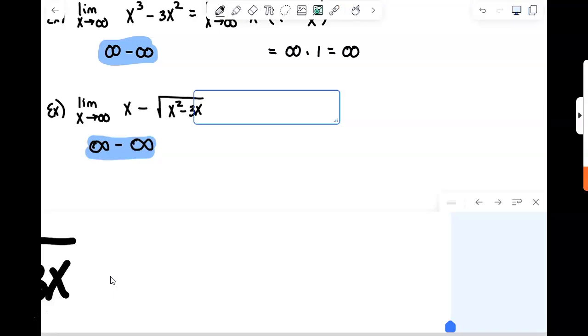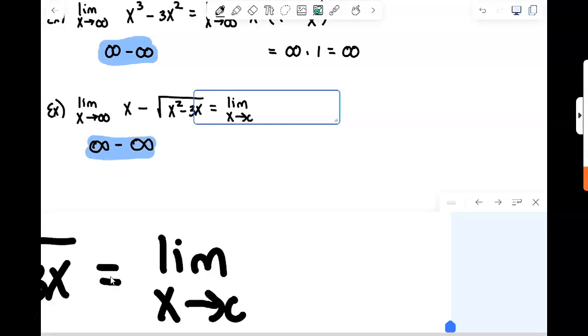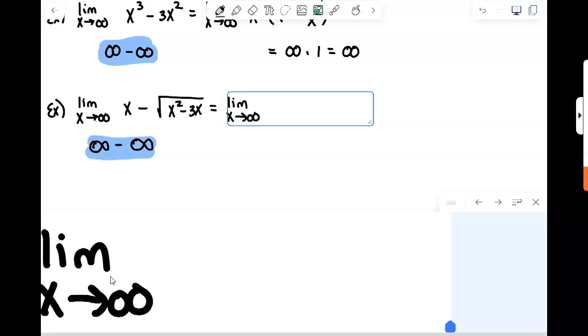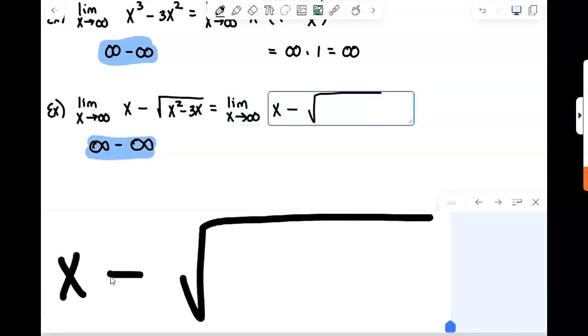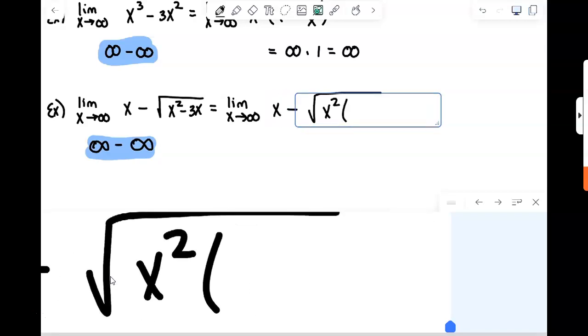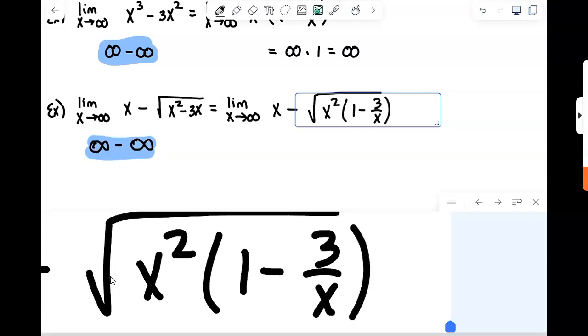So what I start to do, trying to get something I can pull out, is inside that square root, I'm going to factor out an x squared, kind of like I did with the polynomial. That would leave me with 1 minus 3 over x.